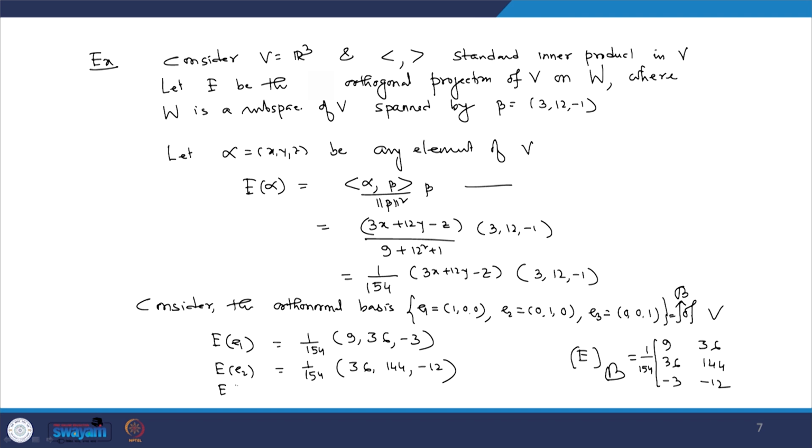And E of E3 will again have 1 by 154 with z equal to 1, so (-3, -12, 1).